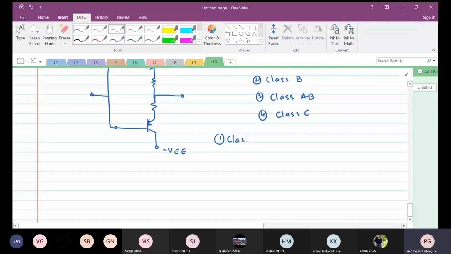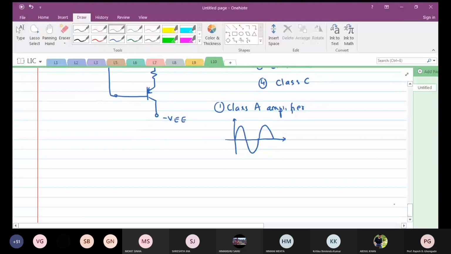Class A amplifier is the one which amplifies the complete signal. That is, if the signal is like this, up to this we have the full 360 degrees, and this will be 180 degrees, half of this.